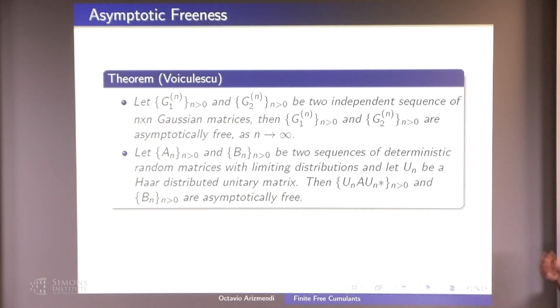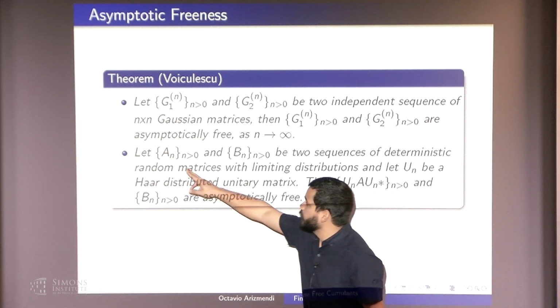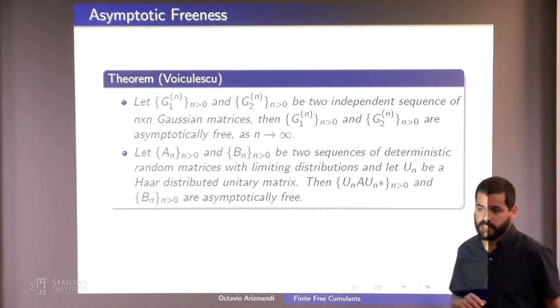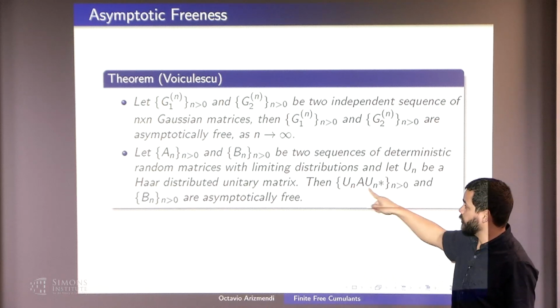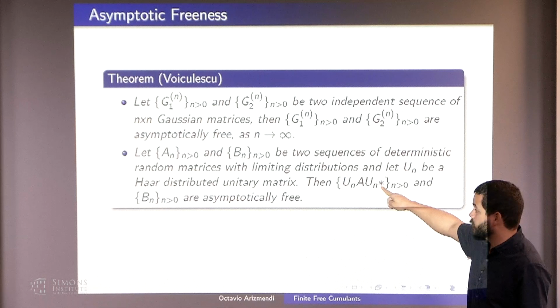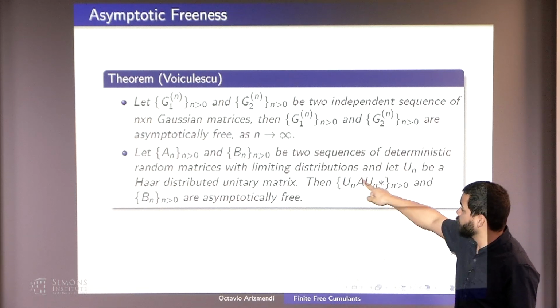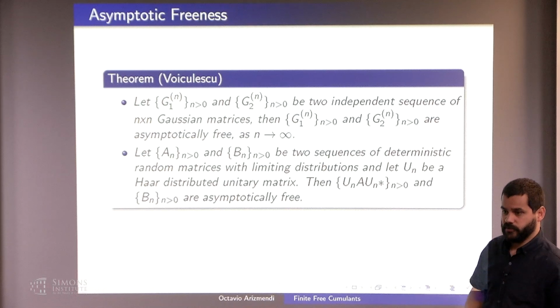Another important example is when one takes A and B, say deterministic matrices, meaning there is no randomness, and then I conjugate randomly with the Haar measure on the unitaries. This will have the same distribution as before, but now they will be in free position.